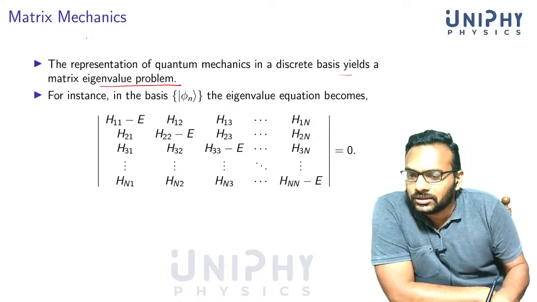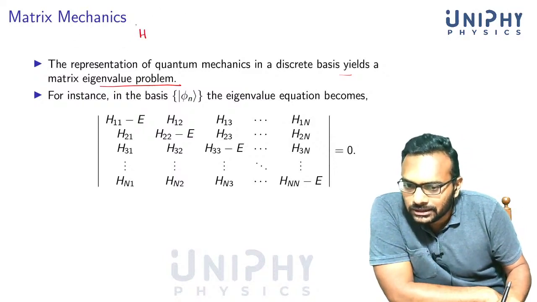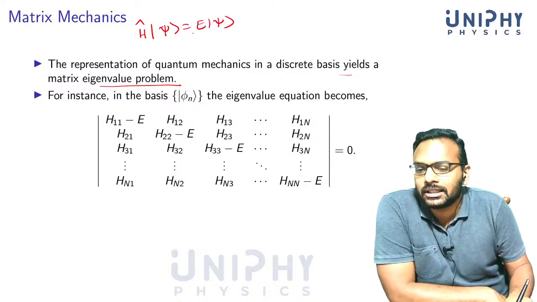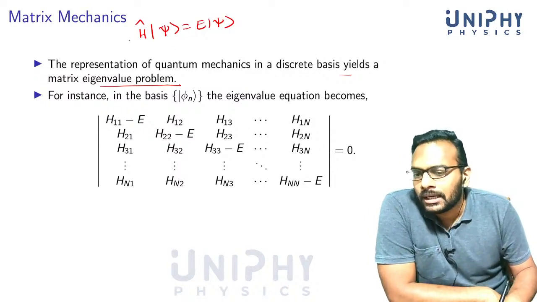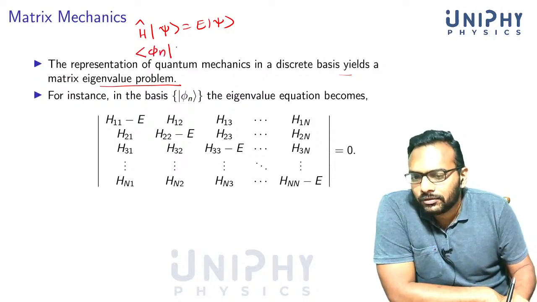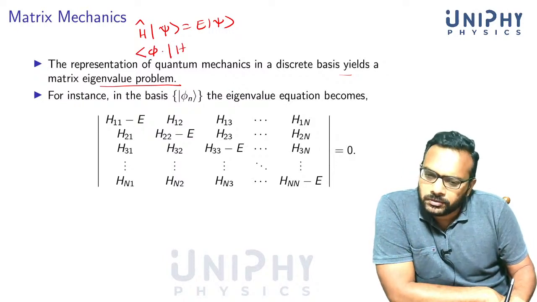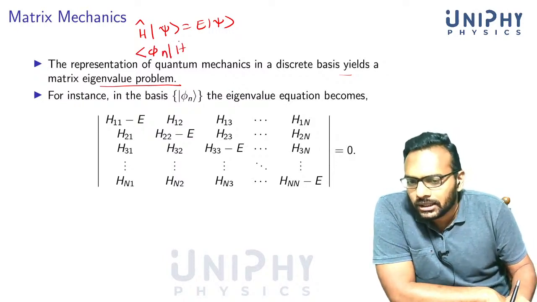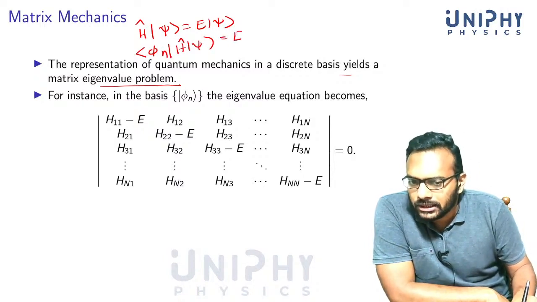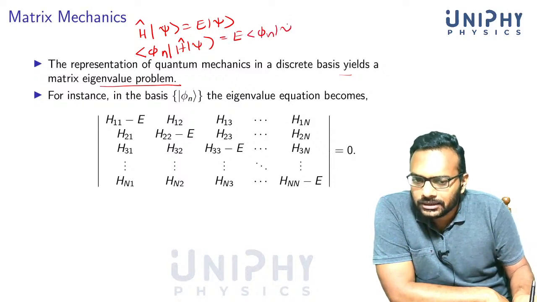It's easy to see that, because if you look at this equation, what we had is H psi is equal to E psi. This is the equation we need to solve. As I said, we can always project it to some state phi n. So H cap psi, you are just projecting it to E phi n psi.